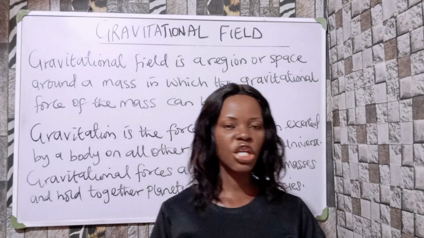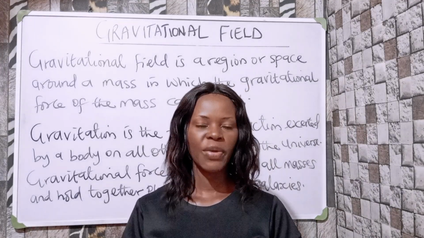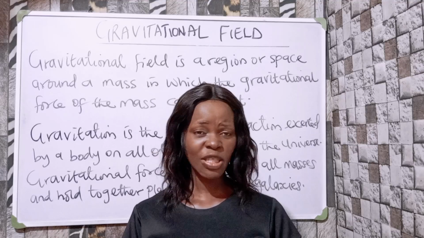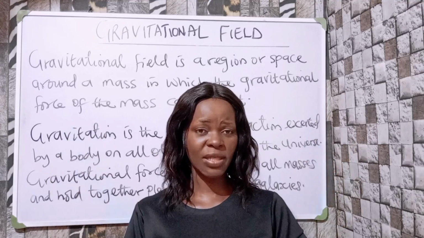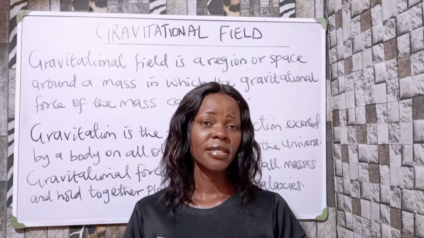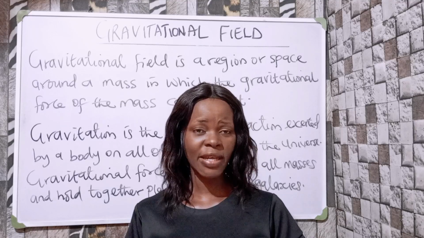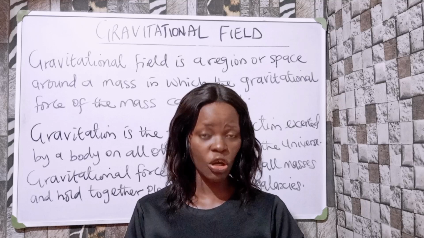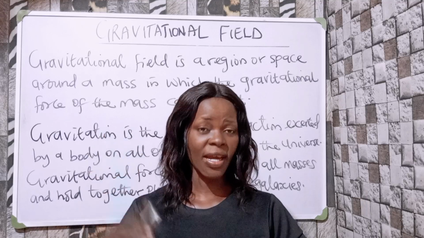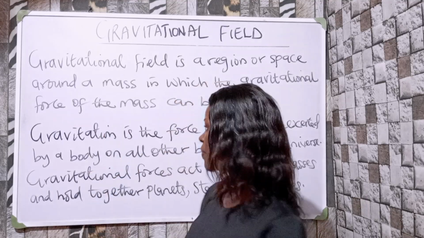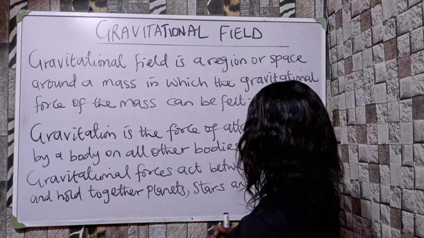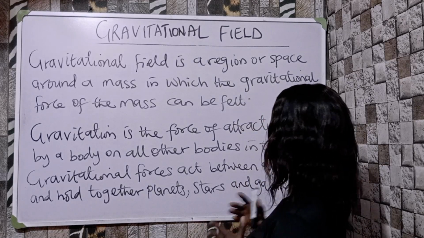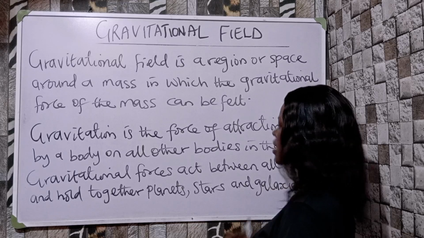So any region in which we have mass, we can say that gravitational force can act on it, especially when it is in the universe, in the space, like the earth, the sun, and the moon and other planets. They are in the universe, so we have gravitational force attraction between them, even when they are in the space.